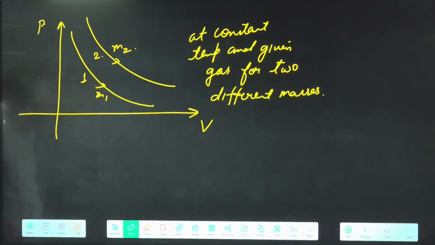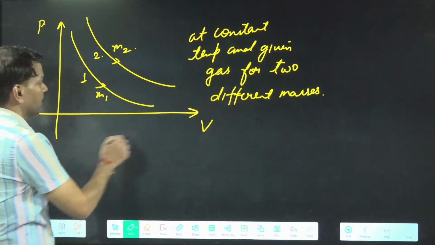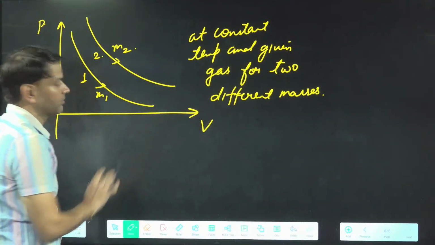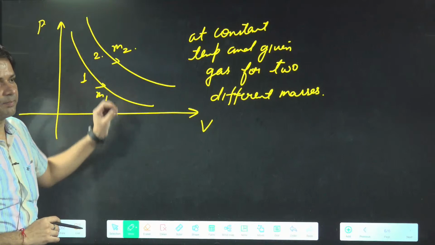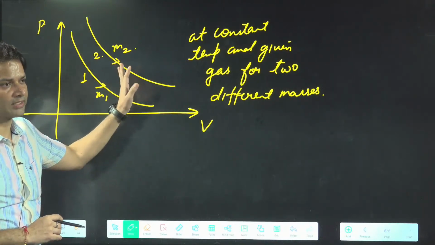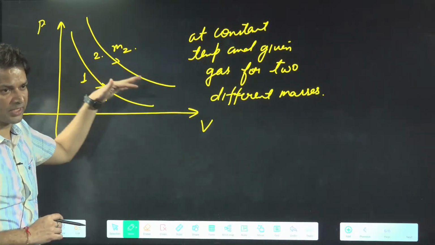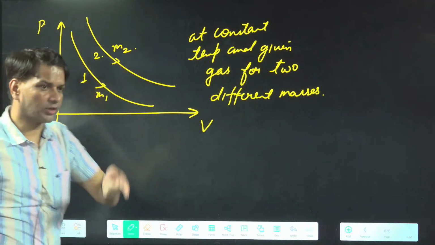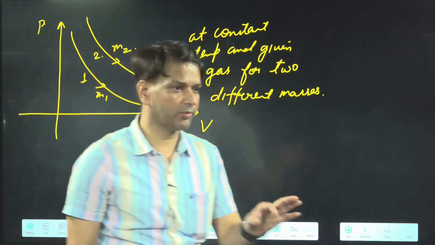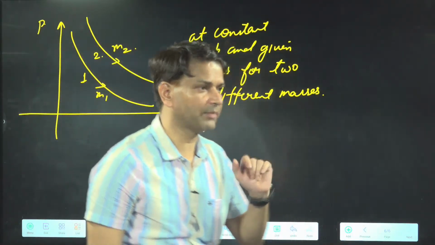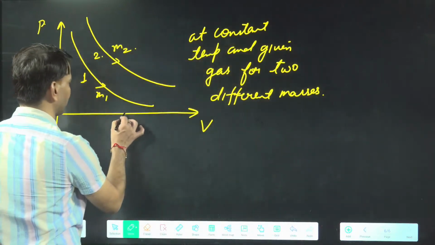Okay, so how will you do this type of problem? Here you can take one line either perpendicular to the volume axis or perpendicular to the pressure axis. Whichever quantity is constant, the line will be perpendicular to that.